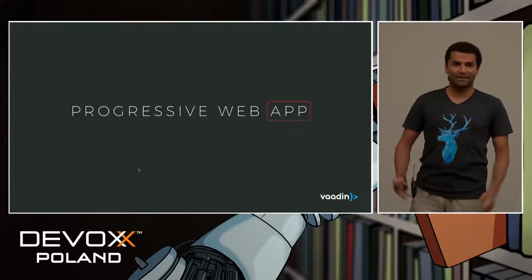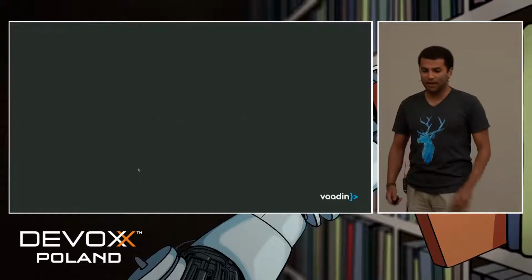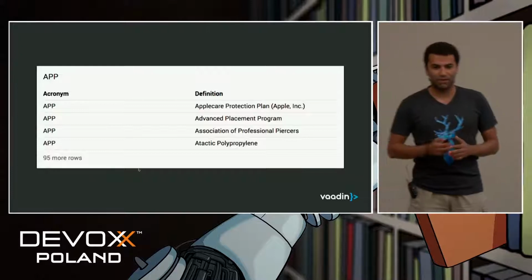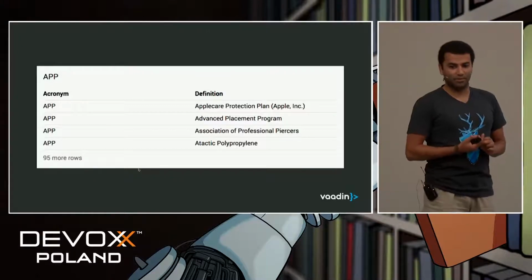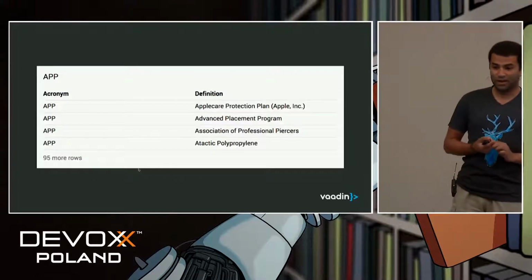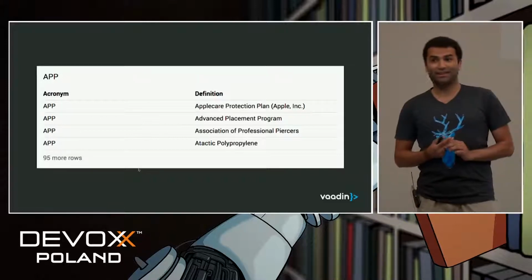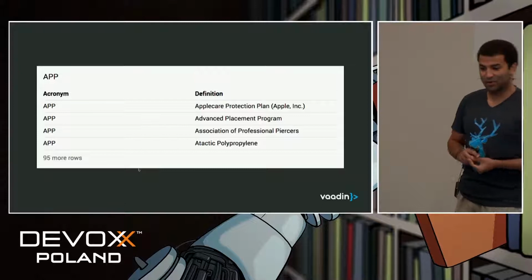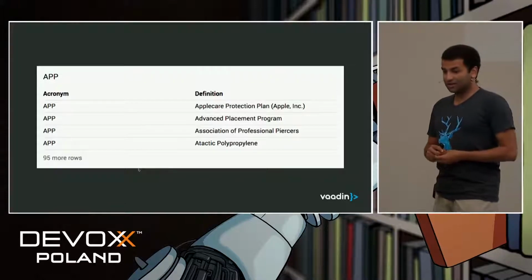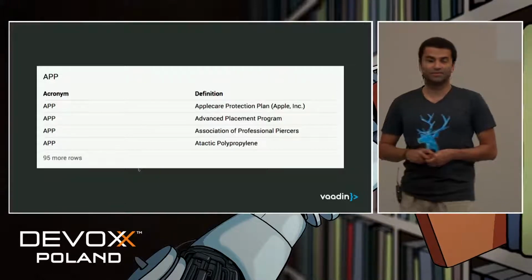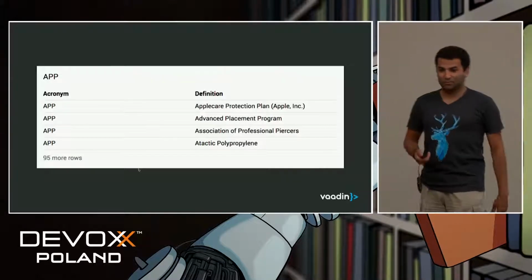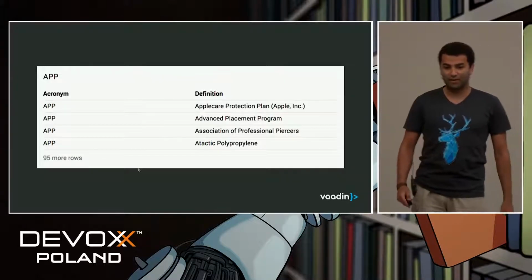So I had to research what is the meaning of app. And if we search on definition of app, app might be abbreviation for Apple Care Protection Plan, can be Advanced Placement Program, or association of professional piercers. So who knows? Like, really, this is the top definitions of the acronym app.